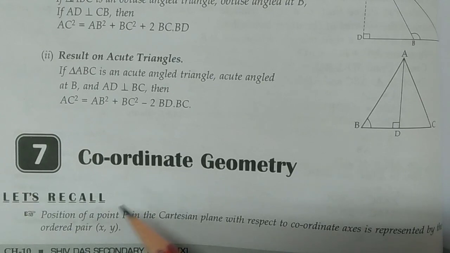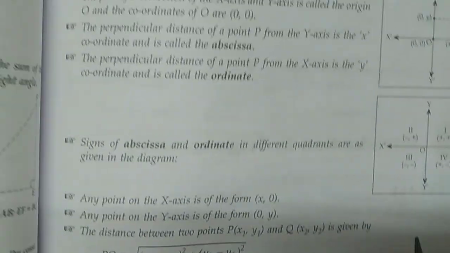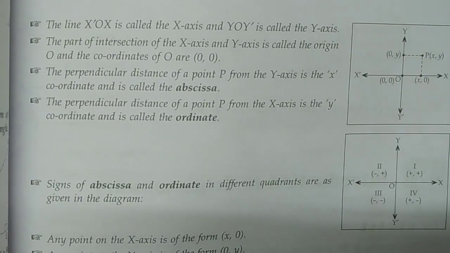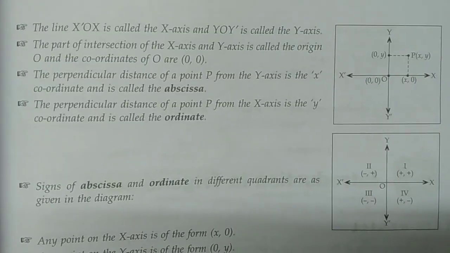So let's start with the exercise on coordinate geometry. Let's recall from here. The position of a point P in the Cartesian plane with respect to the coordinate axes is represented by the ordered pair (x, y).